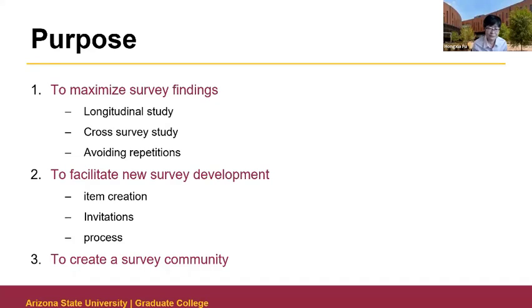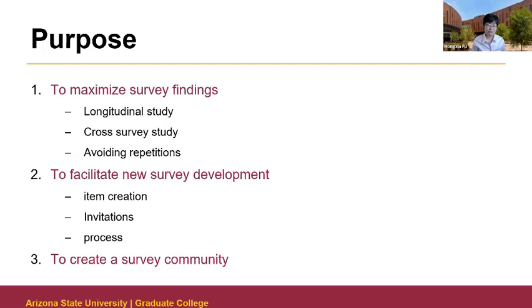And the other one is process. People always struggle to say, how often should we send out a reminder to increase the participation rate? Although different universities share some common features, some universities have their own specific features.